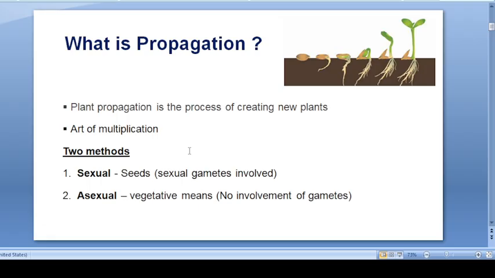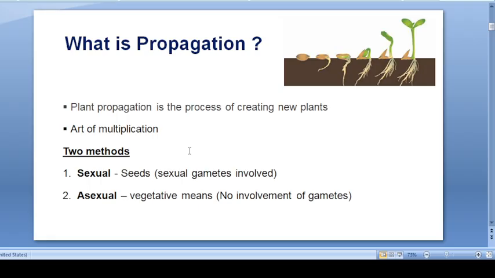There are two types of propagation methods predominantly, that is sexual or seed propagation, and asexual or vegetative propagation. Sexual means you are already aware here. There are two gametes involved in the production of the seeds. In the asexual method, there is no involvement of the gametes.